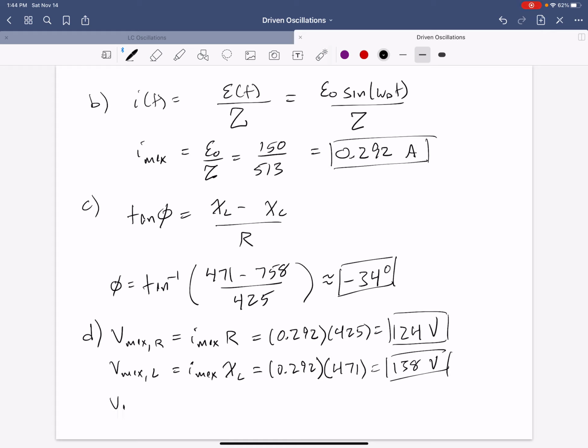Similarly for the capacitor, now it's chi C. So 0.292 times chi C of 758, and this should give us a value of 221. All right, so part D was fairly straightforward.